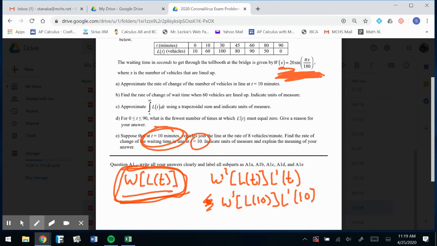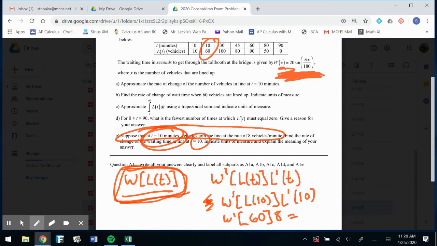Okay, so here we do W prime. L of 10 is 60. L prime of 10 is the rate at time equals 10, and they give me the rate. It's 8. And then we just have to do W prime of 60.